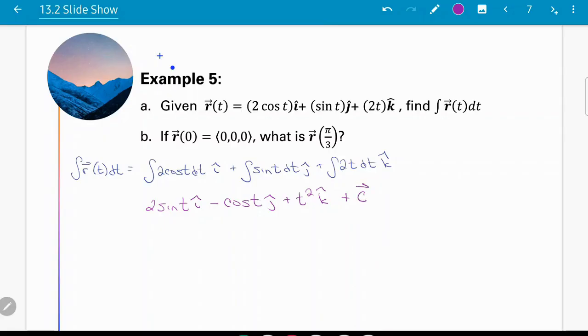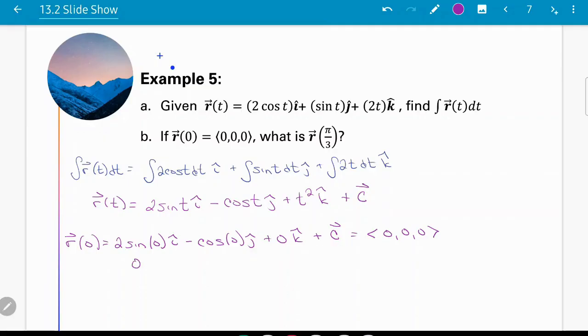We can then use our position at r of 0. So this is r of t, and we know that r of 0 would be 2 sine of 0 i hat minus cosine of 0 j hat plus 0 k hat plus our constant.